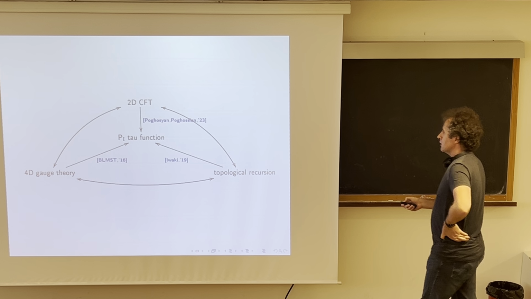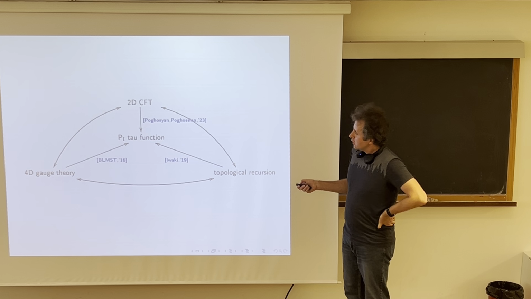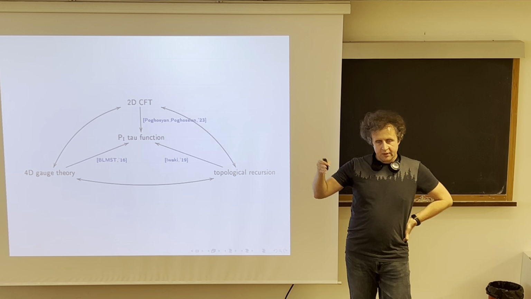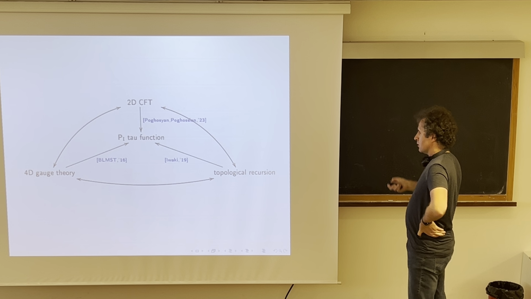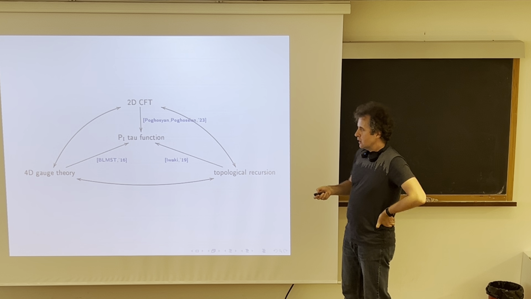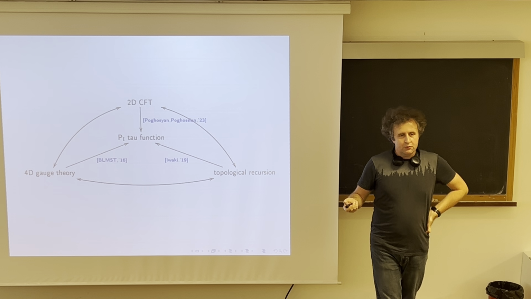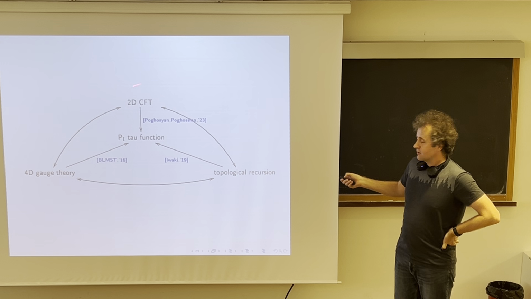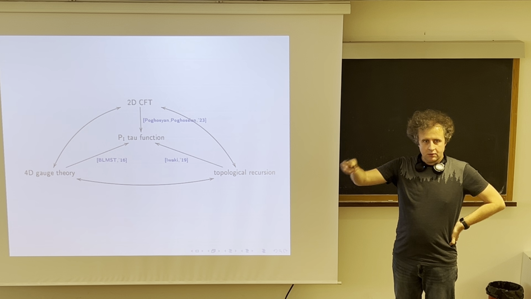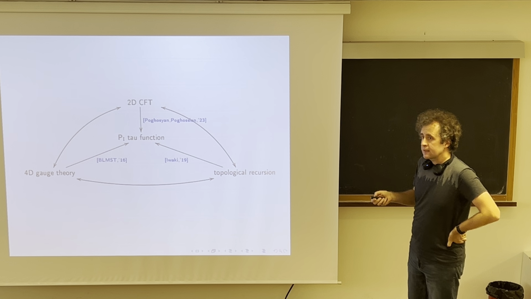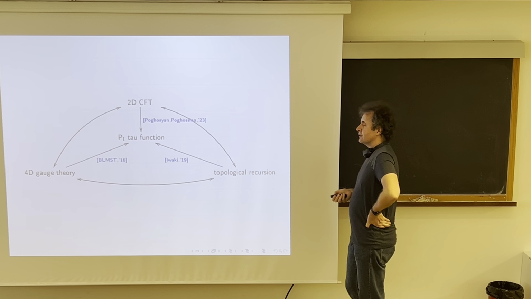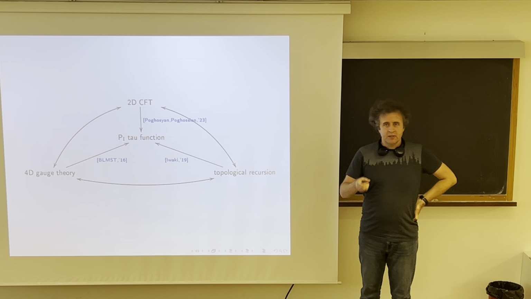So historically, when this formula for Painlevé 6 in terms of Virasoro conformal block was written, of course, we tried to do something similar for all the other Painlevé equations, but we succeeded only in the case of Painlevé 5 and Painlevé 3.